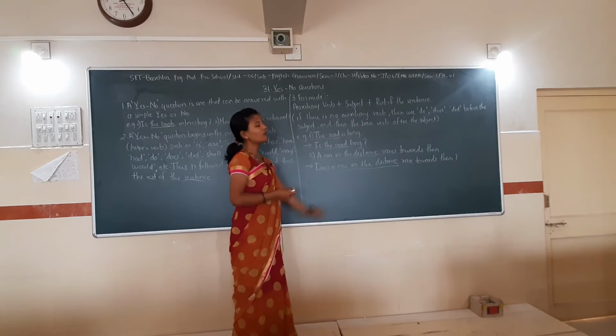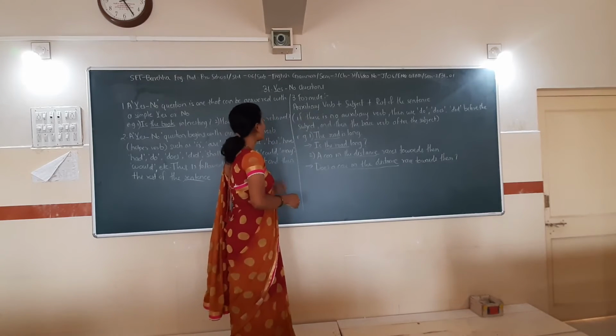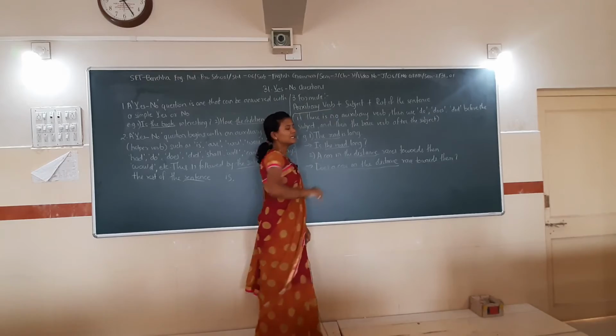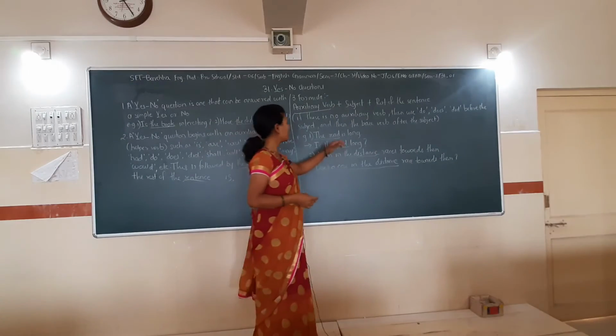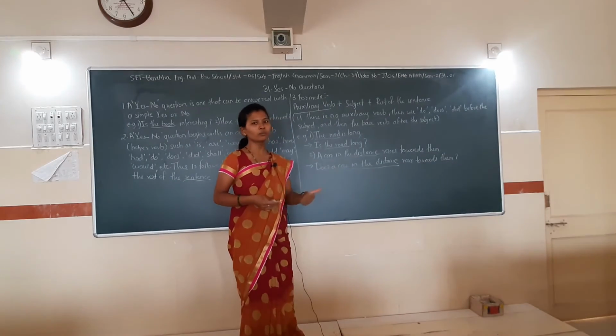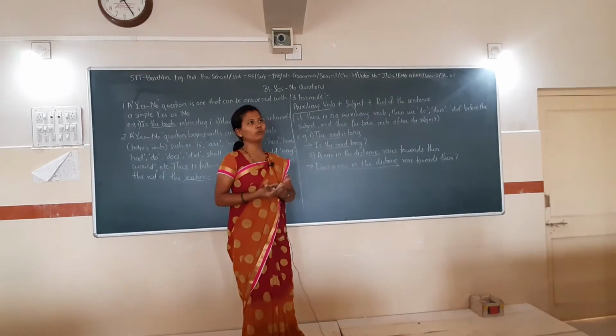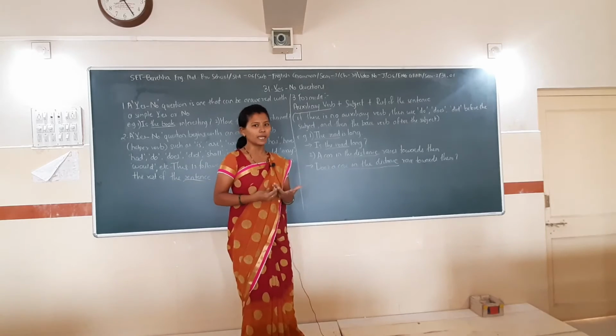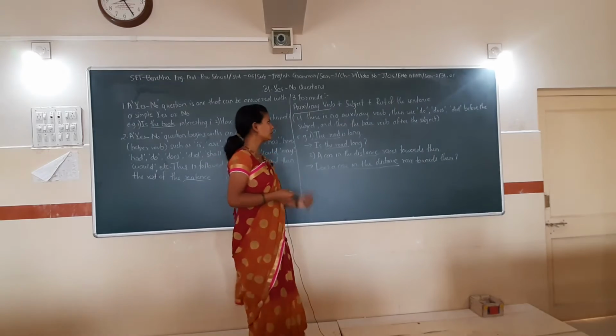First you should have an auxiliary verb. Right now I have told you auxiliary verb means is, am, are, like that. After that, the subject. Subject means what? Noun, whether it is a person's name or he, she, it, they.